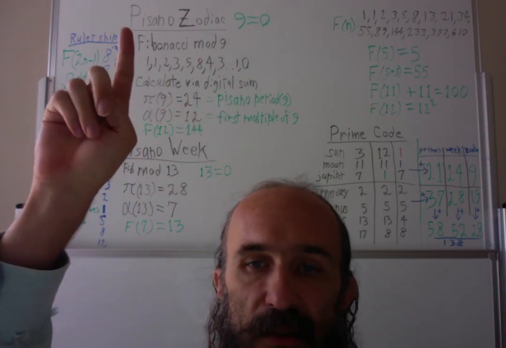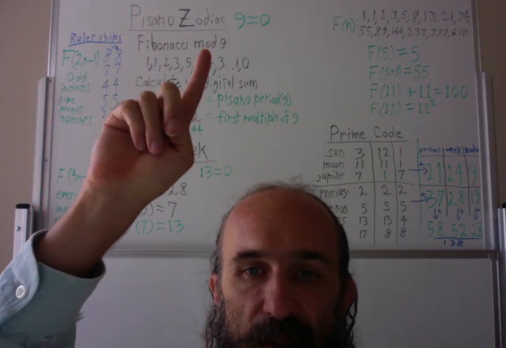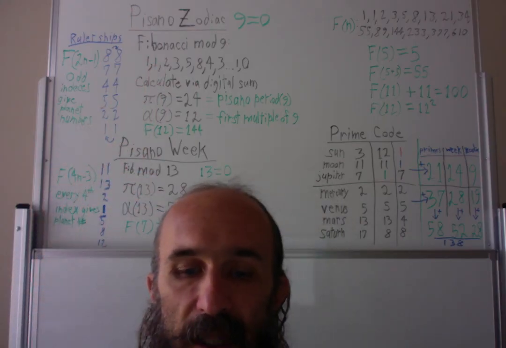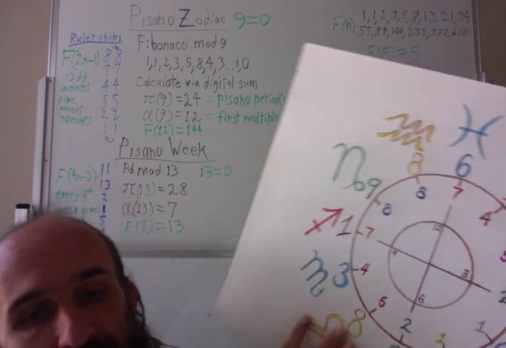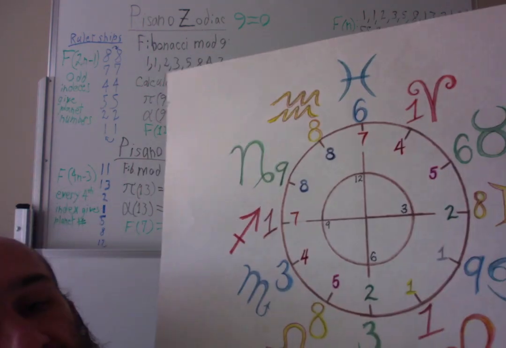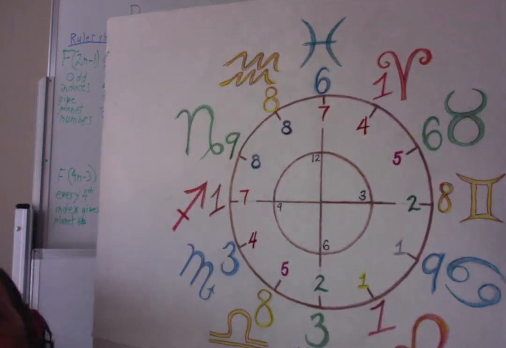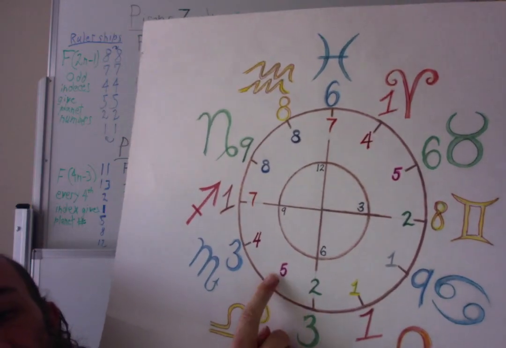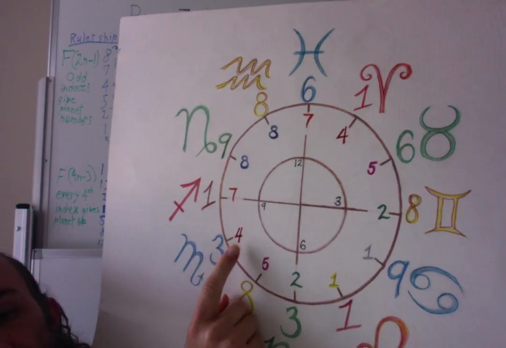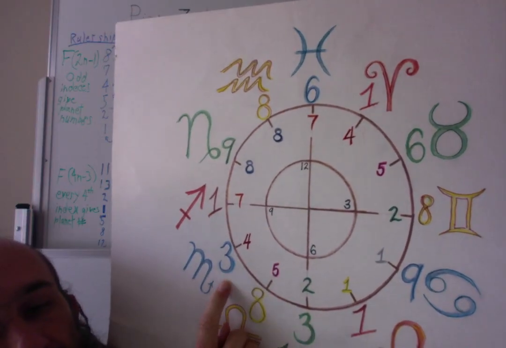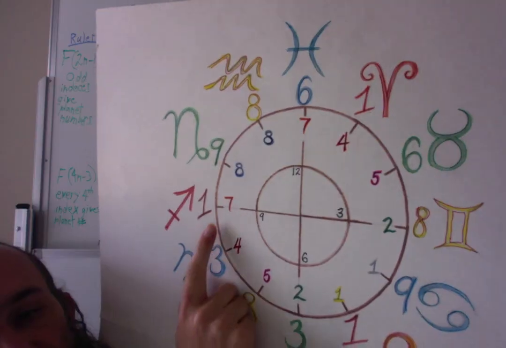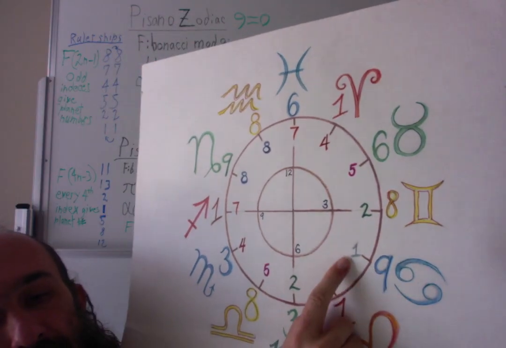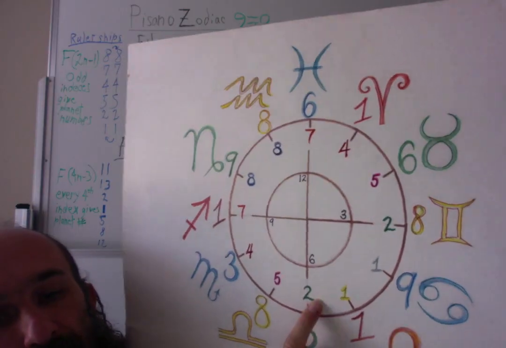So this gives us what I call the Paisano zodiac, and this is what it looks like when we draw it in a picture with all the fancy symbols, starting with 1, 1, 2, 3, 5, 8, and then 13, 1 plus 3 is 4, 21, 2 plus 1 is 3, and on, all the way back to 1, 9 is 0, 1, 1.